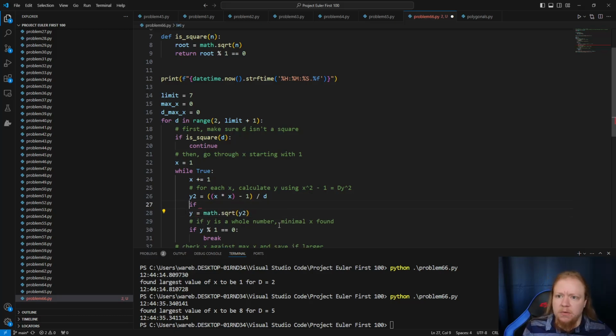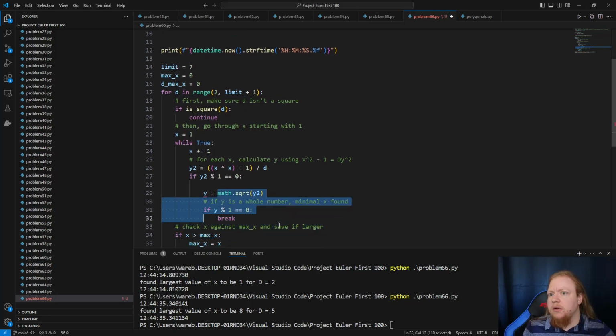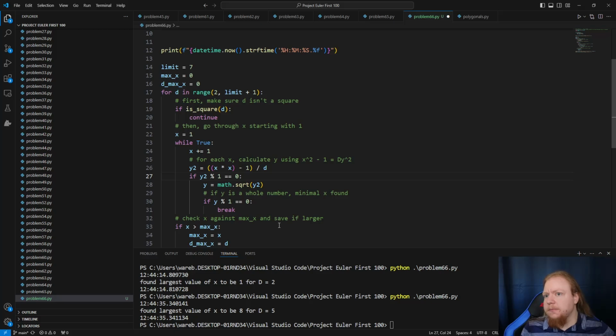And then I'm going to say if y2 divided by 1 is 0, mod 1 is 0, then we do the rest of this. Let's see if that gives us a different answer. No, it doesn't. Okay, well, that kind of makes sense that it wouldn't.